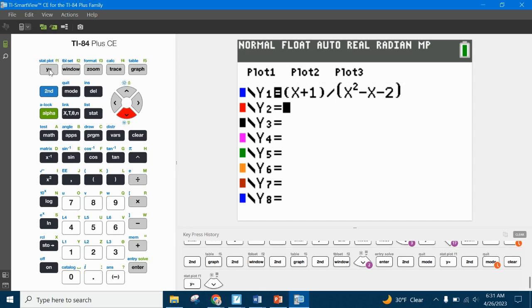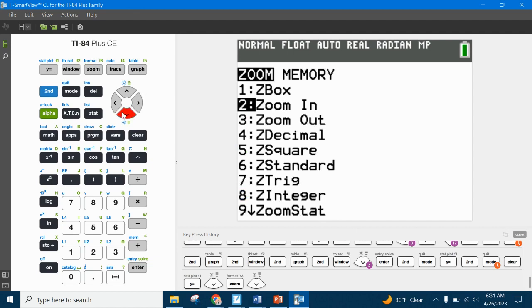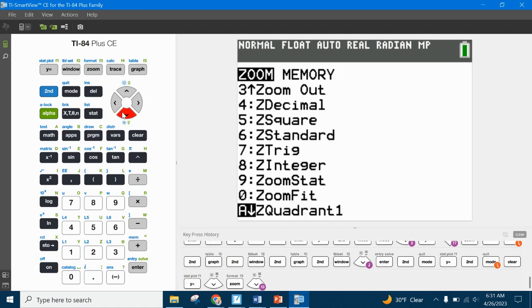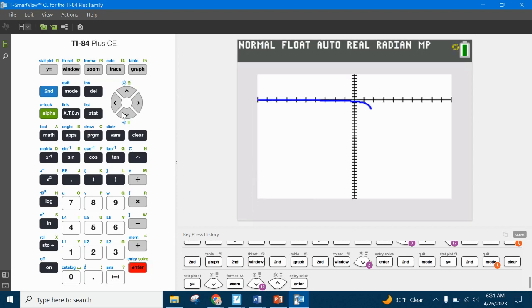Got to watch out for order of operations. From here, if I want to graph, I like to go to zoom and then down to 0, zoom fit. Feel like it does it for you. And ba-bam. If the zoom fit doesn't really work, you'll just have to go to your window and rearrange your values there.